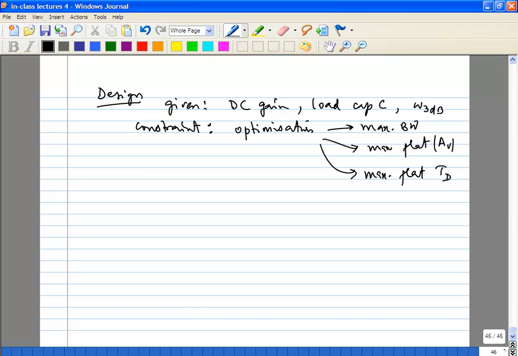You will choose one of these three depending on whichever one is important. Sorry, your omega 3 dB is the bandwidth you need for your signal. It's not necessarily the initial bandwidth, it's what bandwidth you need finally.